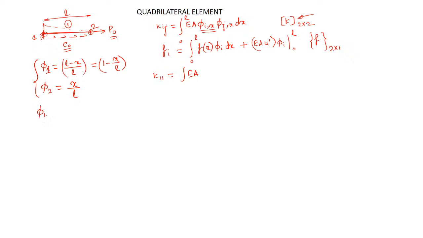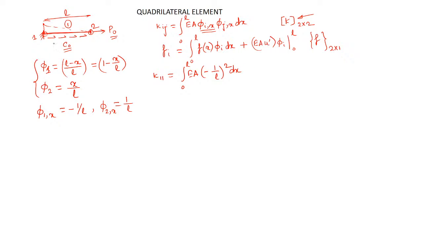Let me write phi 1 comma x will be minus 1 by L, and phi 2 comma x will be 1 by L. So then phi I comma x, phi j comma x both will be 1 1. So in that case, this becomes minus 1 by L whole square dx, 0 to L.